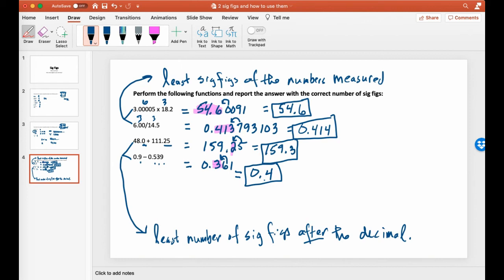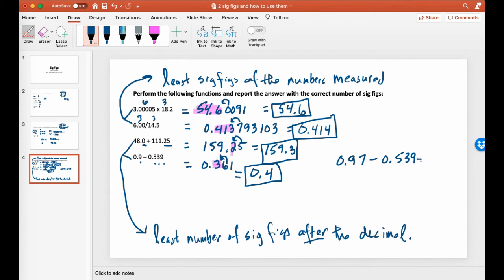Okay? Real quick, let's pretend that this last problem was, and I'm making this up, 0.97 minus 0.539. I'm making this up, right? Okay, so punch into your calculator, 0.97 minus 0.539.